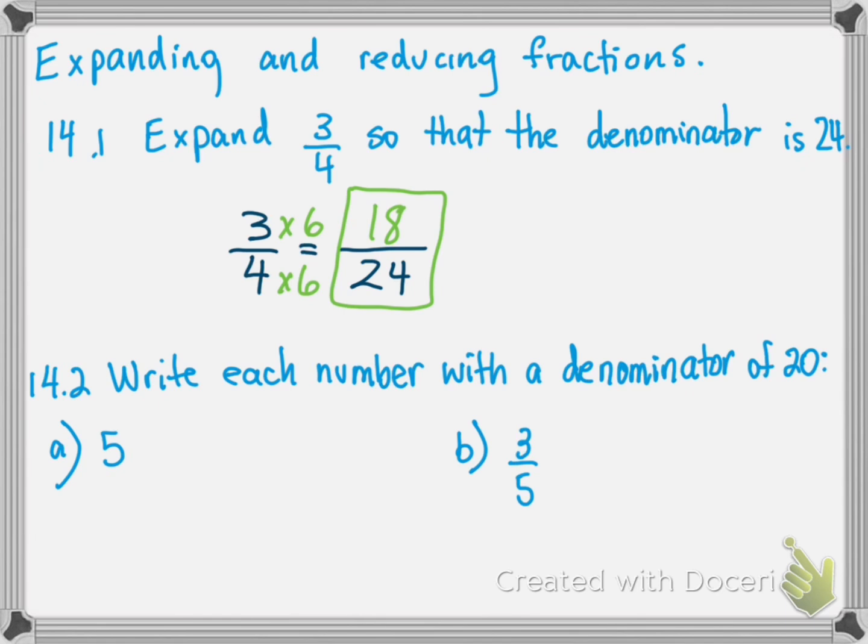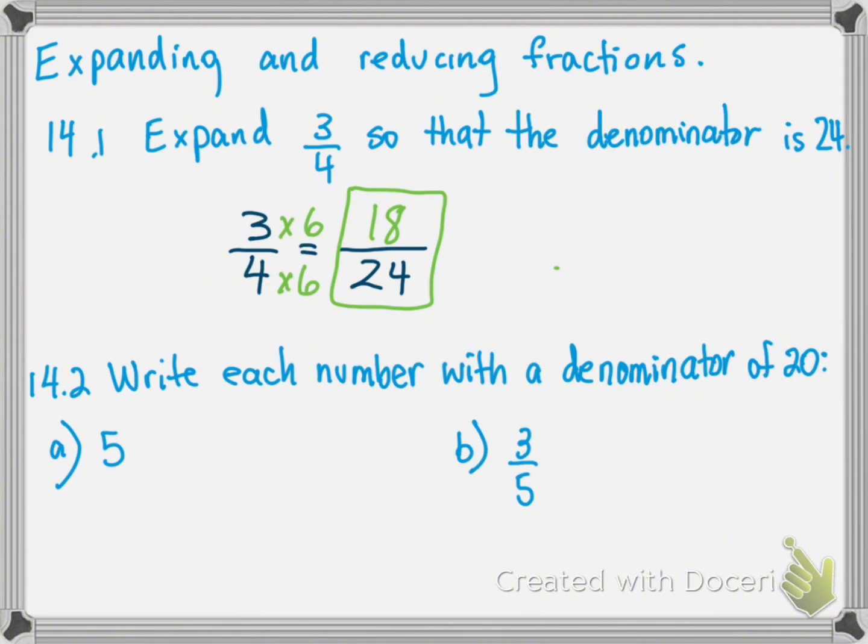So the pieces are smaller, and that's why you have to eat more or have more pieces. But the point is that 3/4 is the same as 18/24. And the way we found it is by multiplying both the numerator and the denominator by the same number.